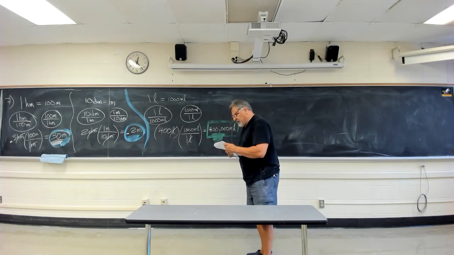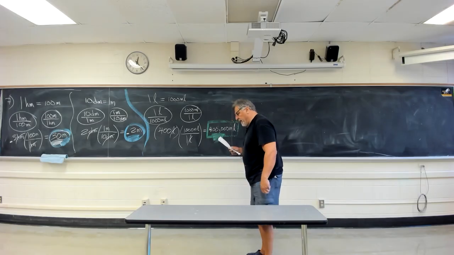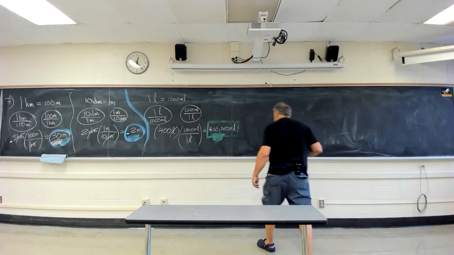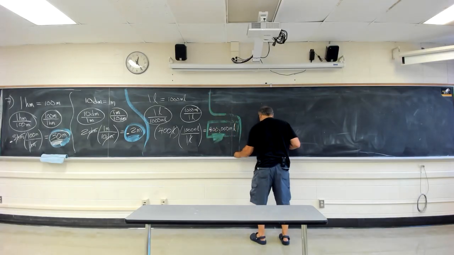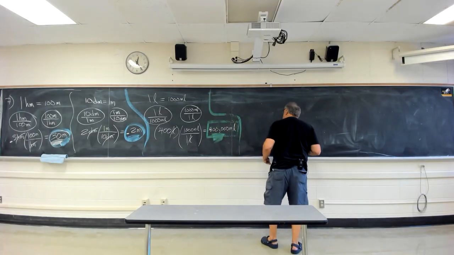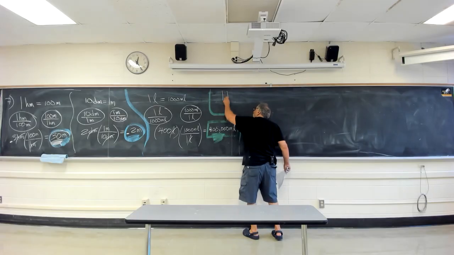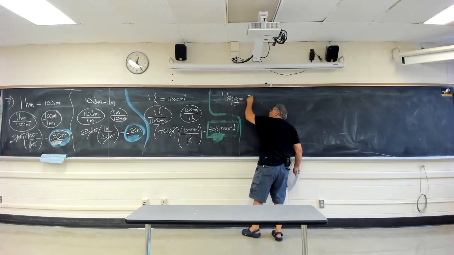A boy weighs 31.5 kilograms. How much does he weigh in pounds? Use the conversion. 1 kilogram is 2.2 pounds. Okay, sounds good. Every 1 kilogram is 2.2 pounds.